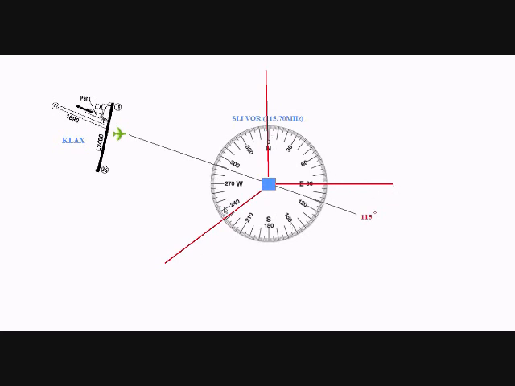As you can see, there are 360 different headings that we can use in order to approach this VOR station. But the question is, which one should we use in order to get from KLAX to the SLI VOR?